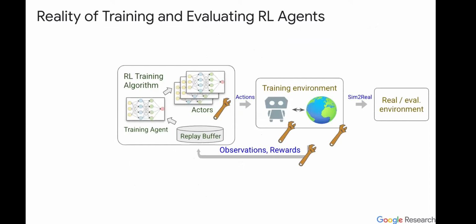So what is really the reality then? We started with this diagram, and as we went, now we're tuning the algorithm, learning the neural networks, and trying different things there. We're tuning the rewards, we're tuning the simulator and the environments and so on.